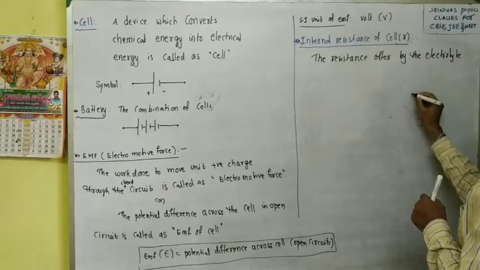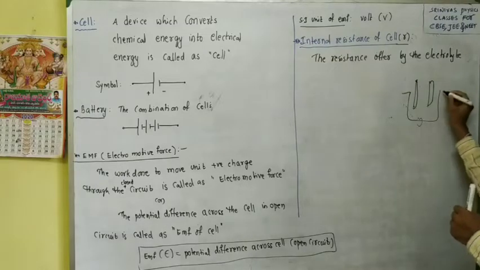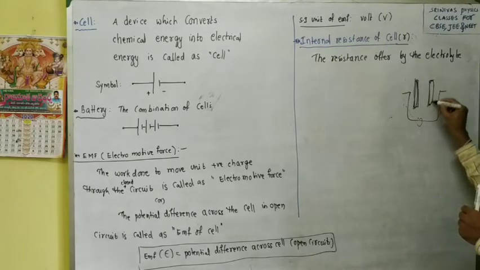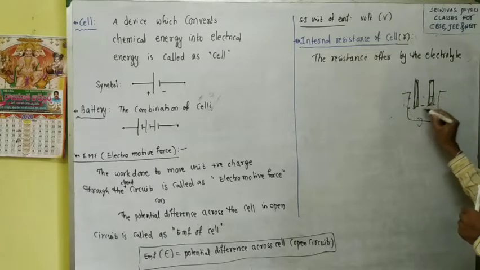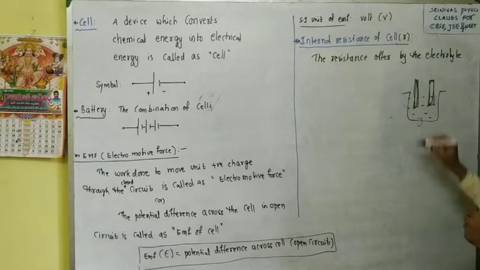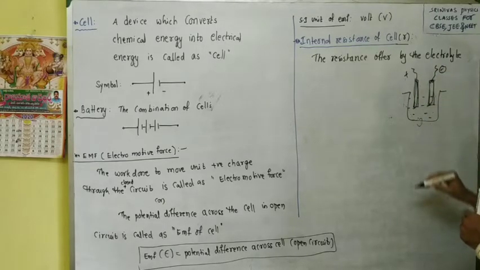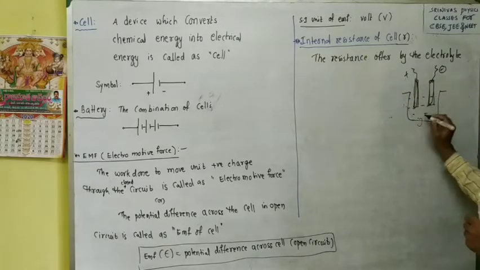If you go to the construction of the cell, it has one anode plate and the other is the cathode plate, two electrodes, along with some solution. One acts as the positive and the other as the negative terminal, and this is the battery or the cell.